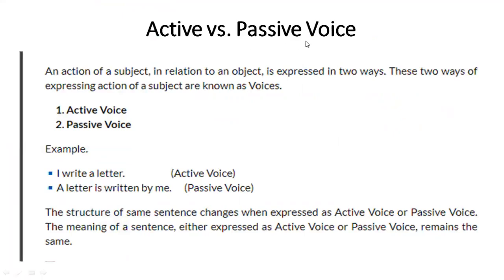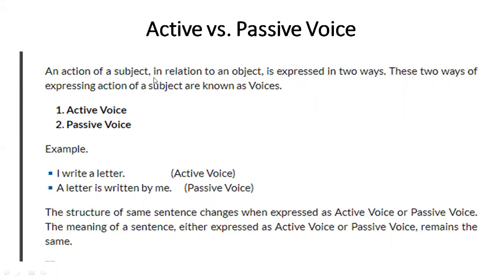Active with passive voice. Now, students, this is very important that we get to know how to identify and find out the different ways of expressing our views. And when we get to know the different ways of expressing the views, we become able to identify active and passive voice.